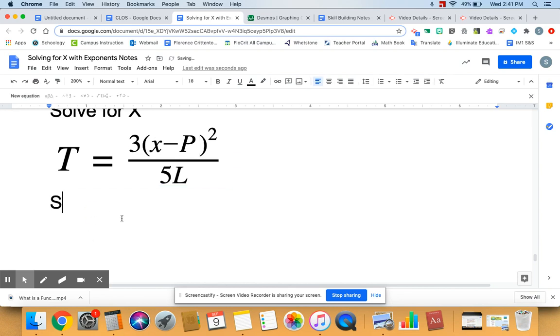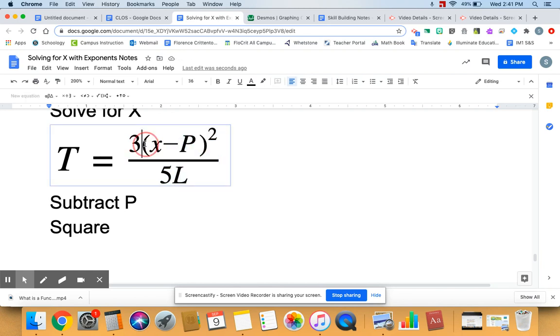So the first thing I do to X is I'd subtract the P. After I'd subtract the P and got one number, the next thing in order of operations is exponents, and I have one, so I'd have to square that number.